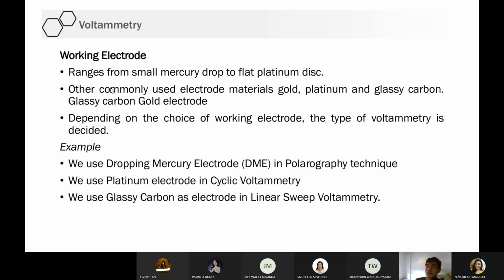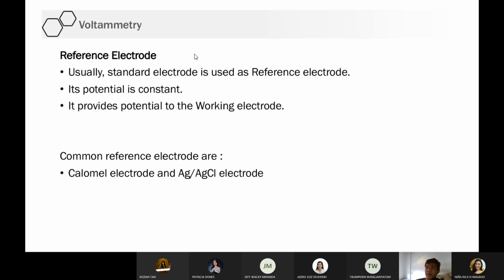Okay. So working electrodes are commonly mercury electrodes or platinum electrodes. For reference electrodes, these are the reference, just like the standard hydrogen electrode. Okay.